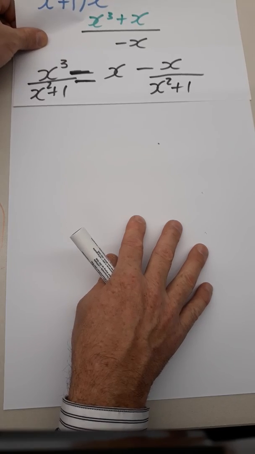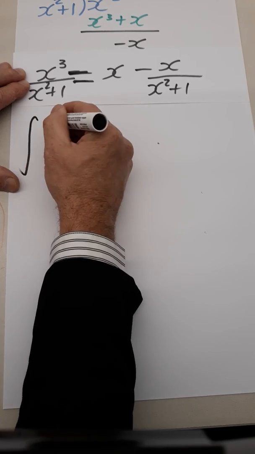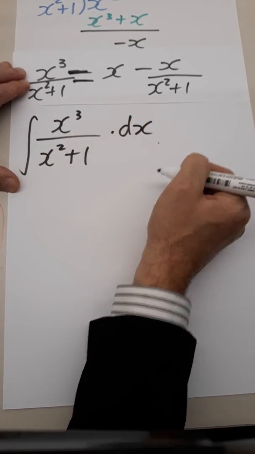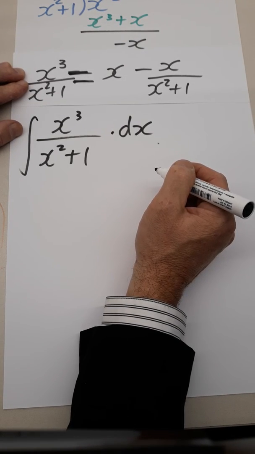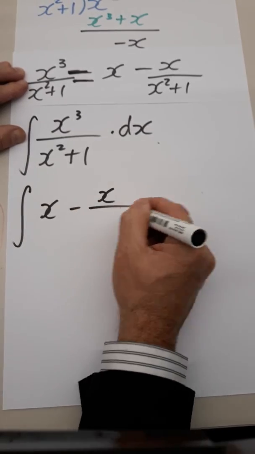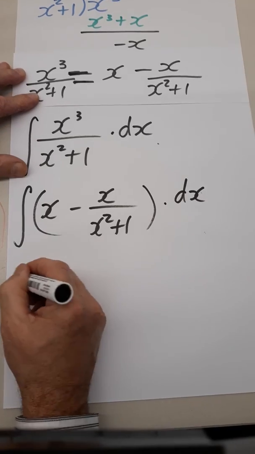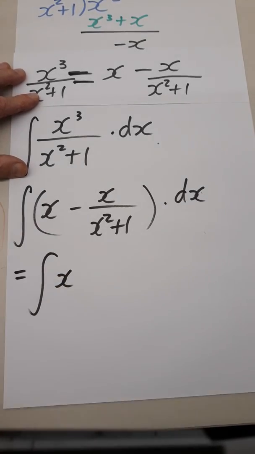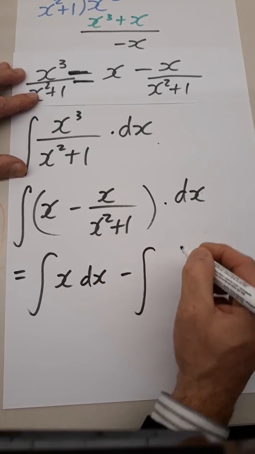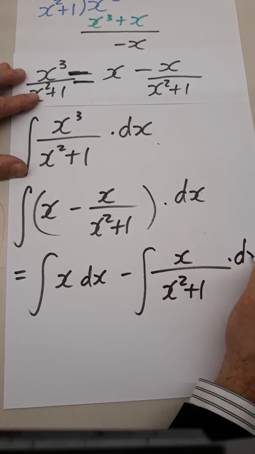Done my polynomial division, and my integral of x cubed on x squared plus 1 dx becomes the integral of x minus x on x squared plus 1 dx, which is now the integral of x, which is half x squared. We can do that easily. And the integral of x on x squared plus 1 dx.